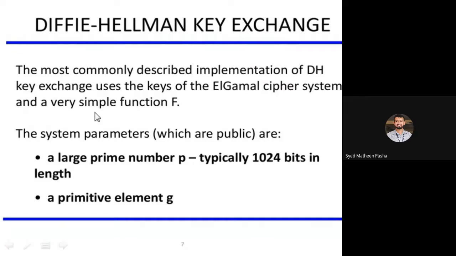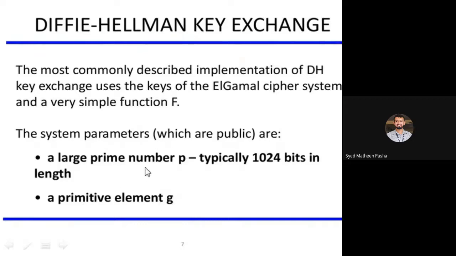Now, what are some of the system parameters you need to remember with respect to DH key exchange? The system parameters which are public are a large prime number P, represented in the form of 1024 bits, and a primitive element G. These are the two parameters you should remember, P as well as G. You should know this whenever you are doing a key exchange.